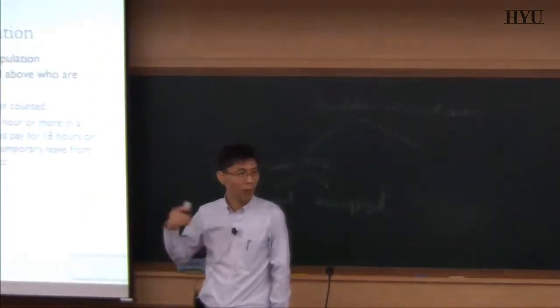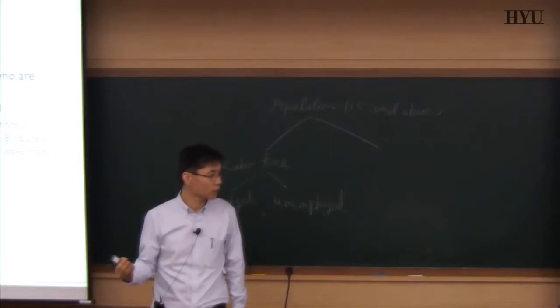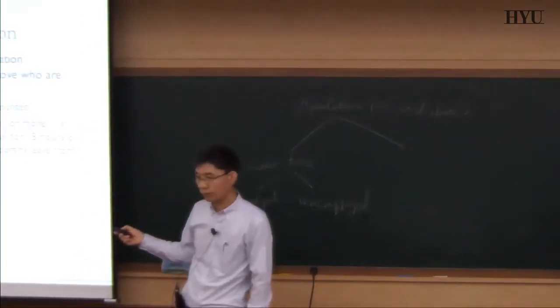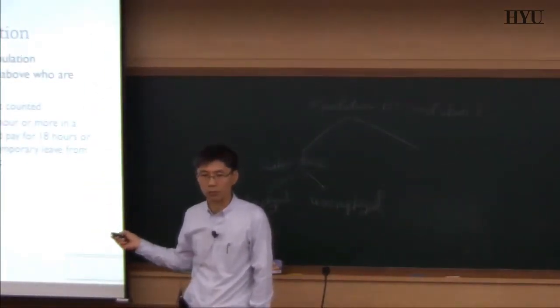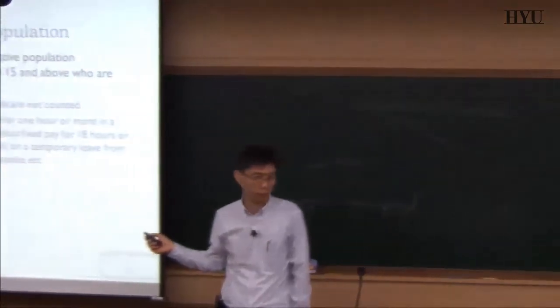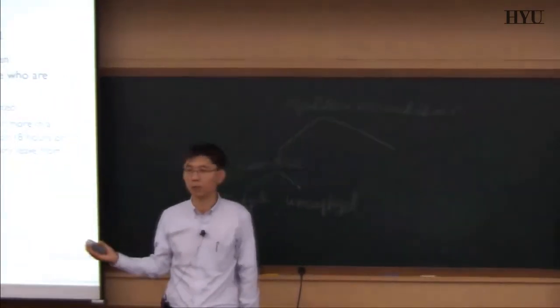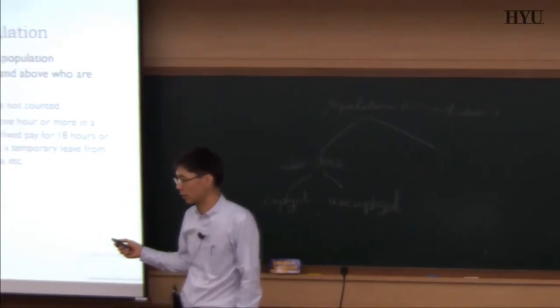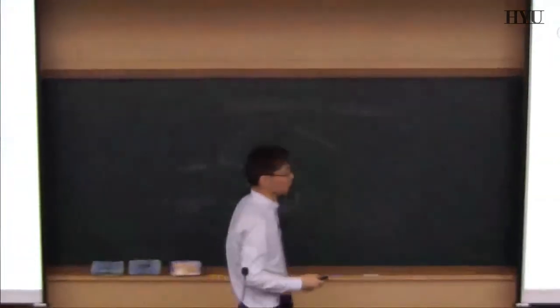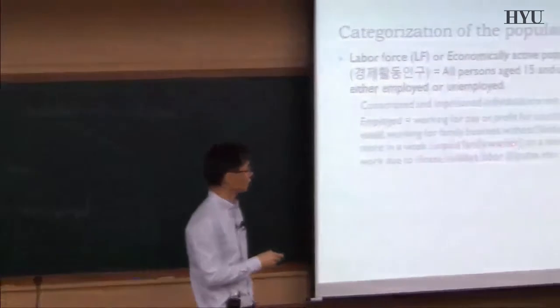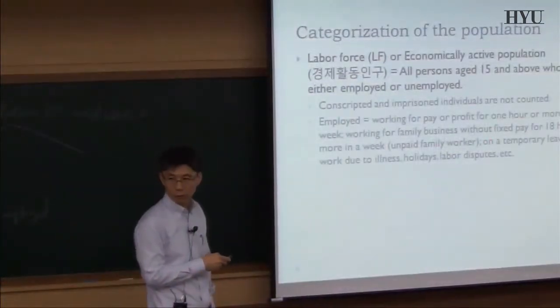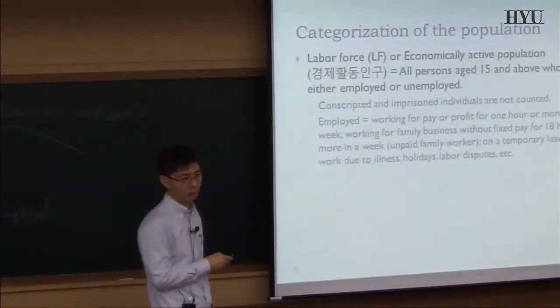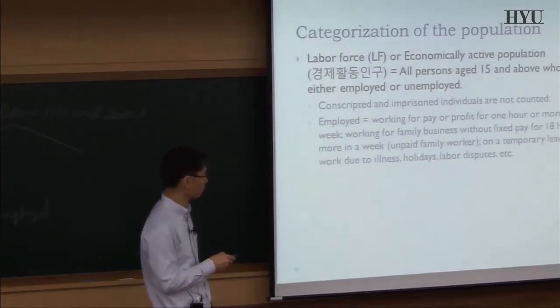Okay? And then wife, quite often, is working for family business without fixed pay. So the wife is an unpaid family worker. Okay? And still employed because the wife works for long hours. Okay? Get it? So if you look at female statistics, you will see that there is a large proportion of women who are actually unpaid family worker. For men, it's very small.